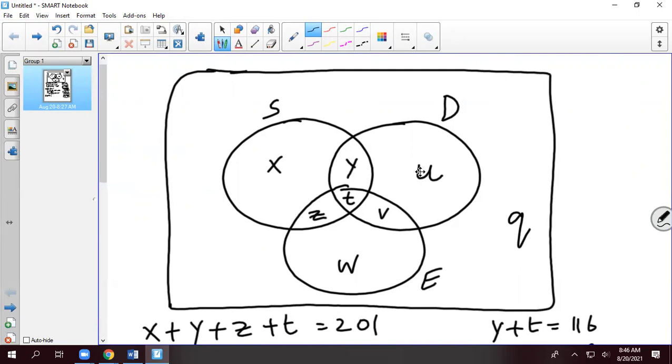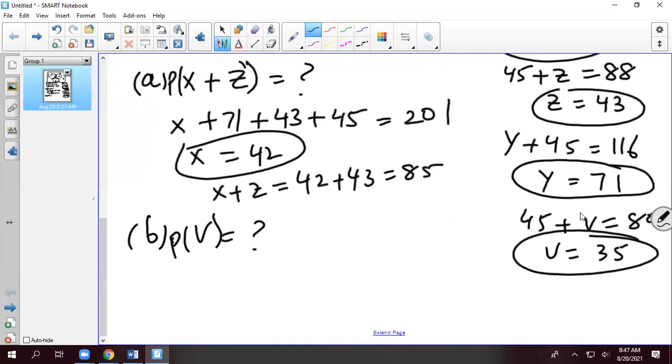What's left is just this U and this Q. Everything other than U or Q either falls in this left circle of smoking, or it falls in this bottom circle of eating between meals. So for part C, we need the probability of U plus Q.